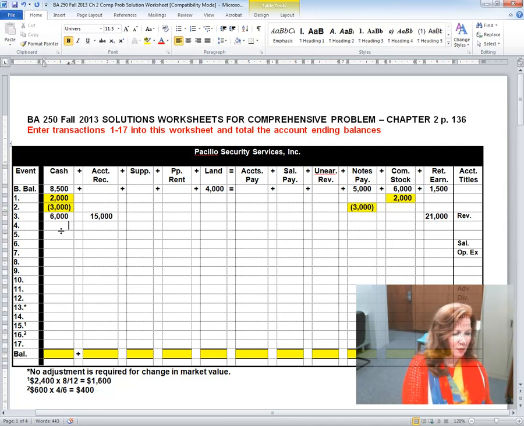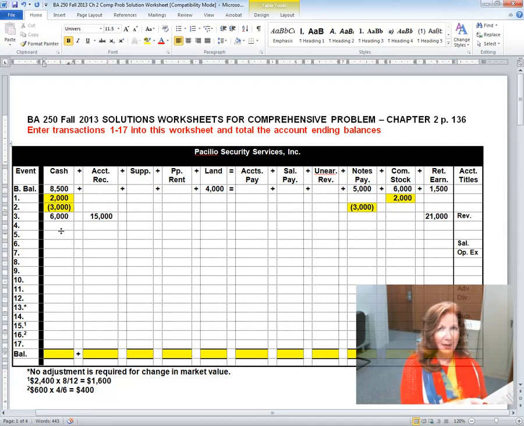recognize the revenue earned from transaction 8. So now we look at transaction 8, and it says on September 1, 2012, a customer paid $600 for services to be provided over the next 6 months. So if it's $600 for 6 months, it's $100 a month, and they did it on September 1.